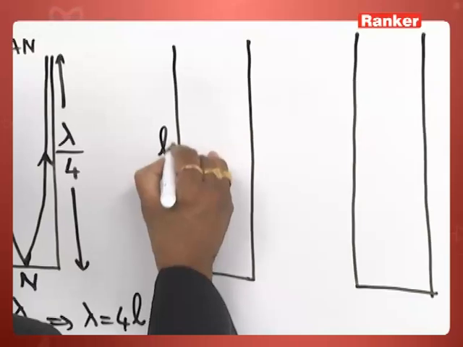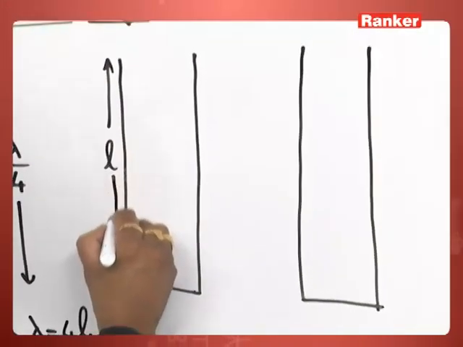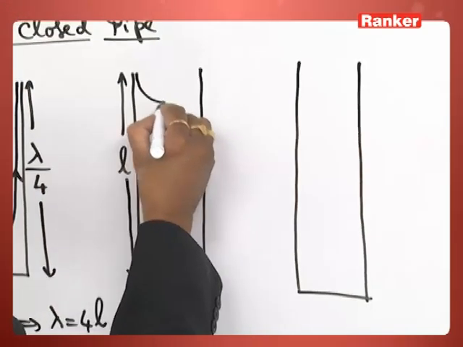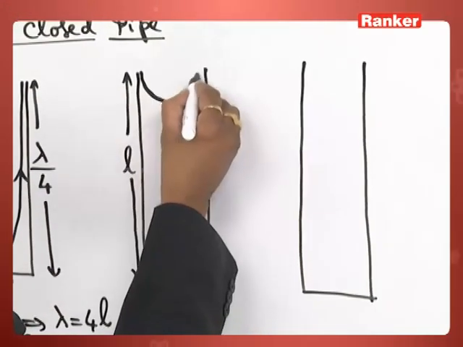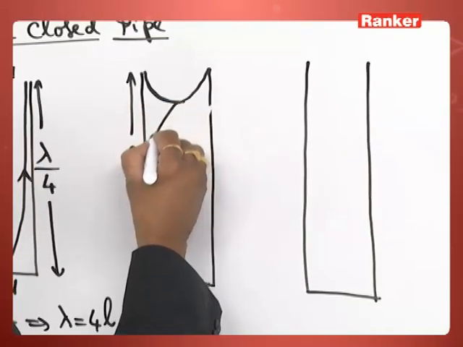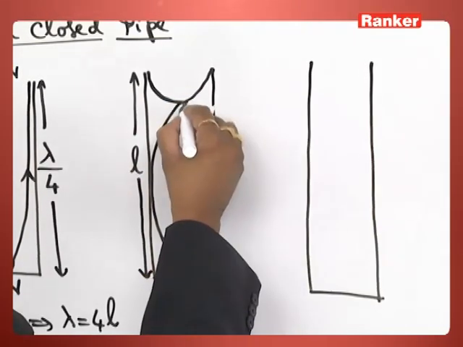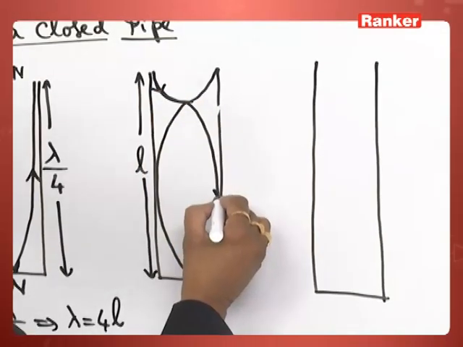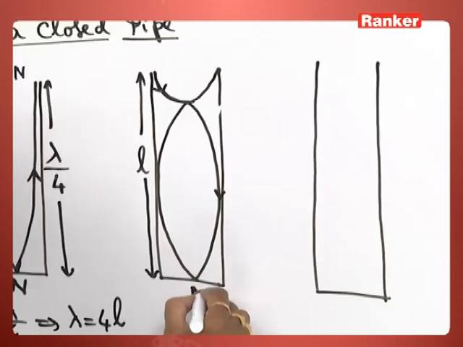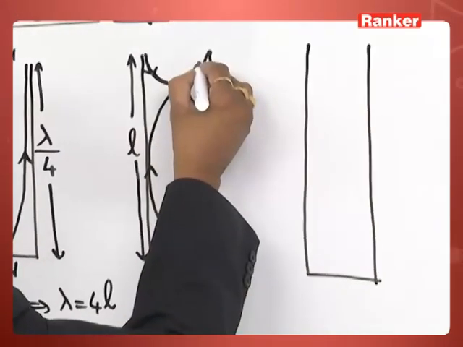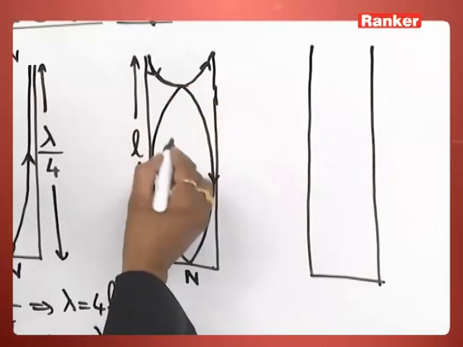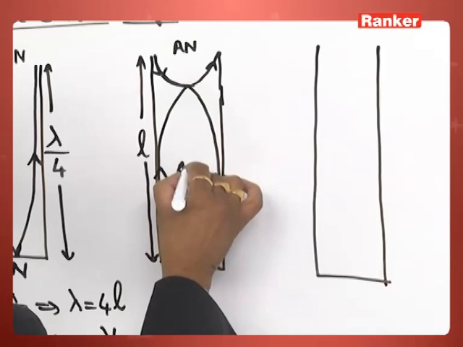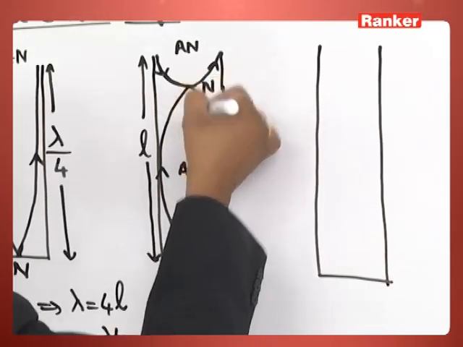Let us take the next harmonic possible. L is the geometric length again. Now this time we will be finding the wave formation this way. Wave enters this way, strikes here forming a node, and returns back this way, reflects back. There will be an antinode at this open end, one more antinode in between these two nodes now.